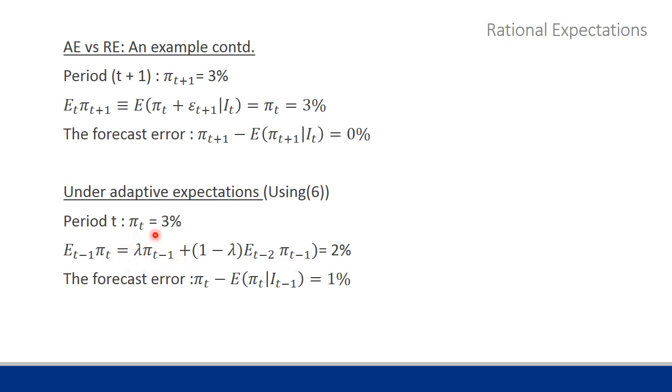One proportion of what it was, and the remainder the expectation of what it was. And if we plug in the values, pi t minus 1 being equal to 2, and our expectation of pi t minus 1 being 2, because it had always been 2, then that's lambda times 2 plus 1 minus lambda times 2, which is 2. So our forecast error is 1%: pi t minus the expectation of pi t.